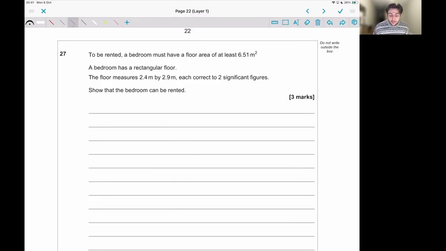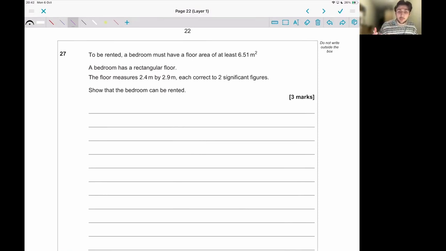So it's well and good just multiplying 2.4 by 2.9 and being like, well, that's about 7 meters squared, but we don't know that for sure because we rounded, and rounding introduces errors. So we need to look at how big could it have possibly been and how small could it have possibly been to be able to round to these. And in fact, because we're looking for at least this much, we only care about the lower bound.